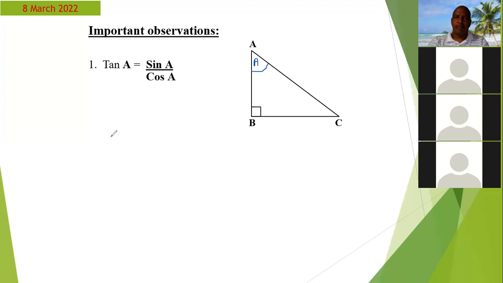All right, so the tan, which is equal to sine A over cos A. So first term we have the sine A, which would have been BC over AC.